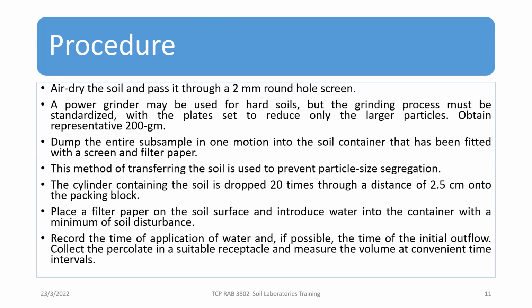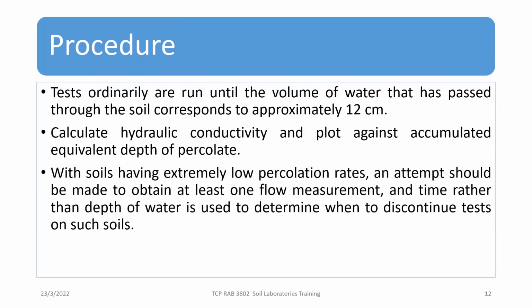Collect the percolate in a suitable receptacle and measure the volume at a convenient time. This test is ordinarily run until the volume of water that has passed through the soil corresponds to approximately 12 centimeters.